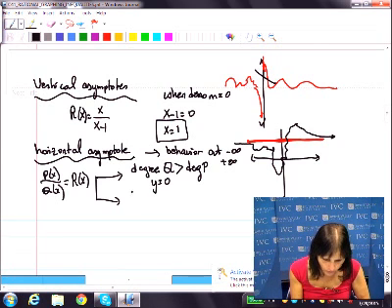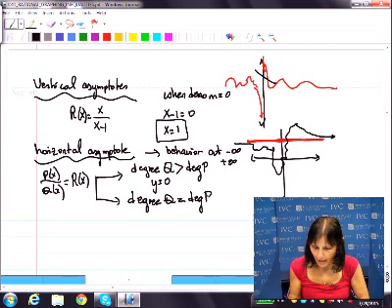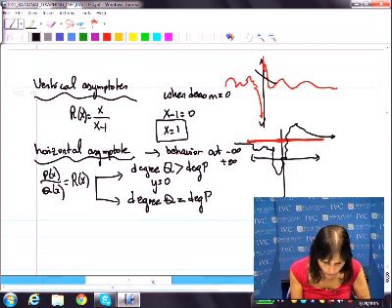You get a horizontal asymptote when the degree of q equals the degree of p. Okay? Then your horizontal asymptote is the ratio of the leading coefficient of p over leading coefficient of q.